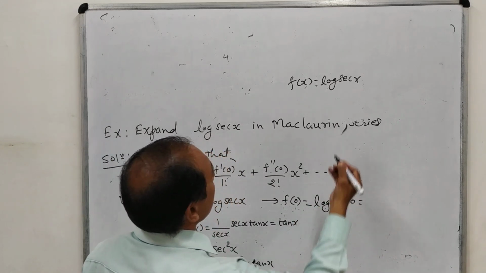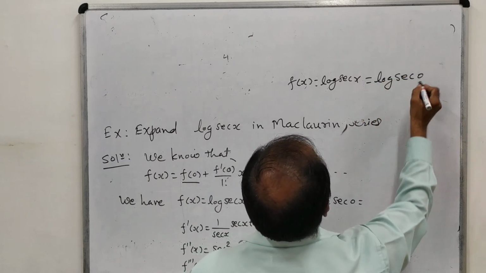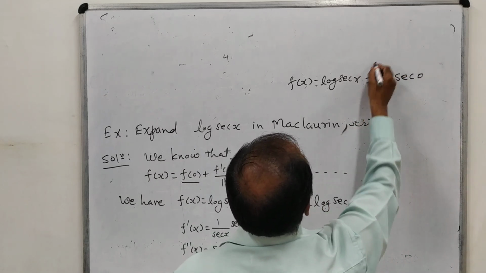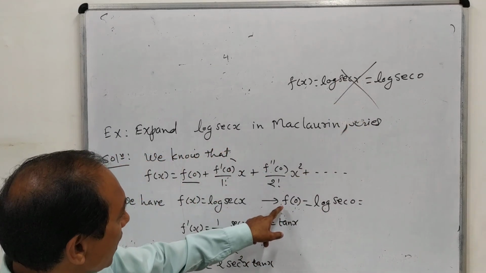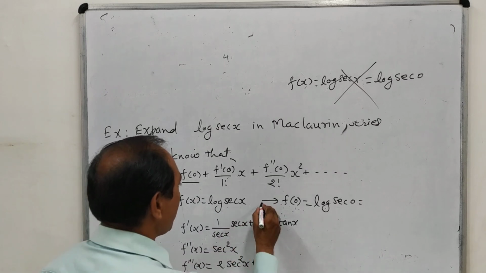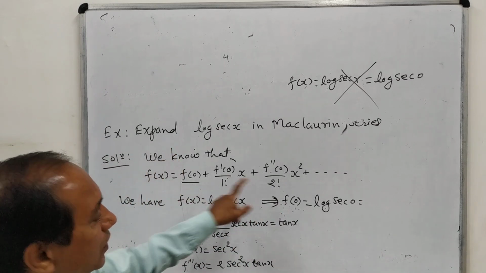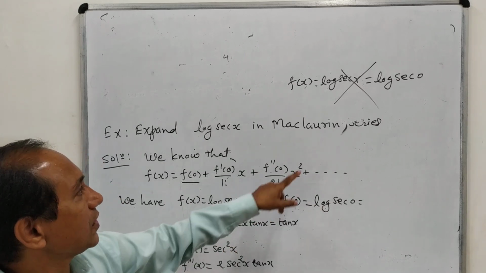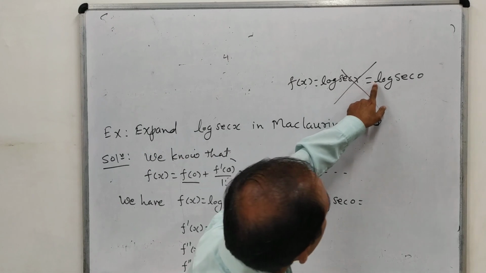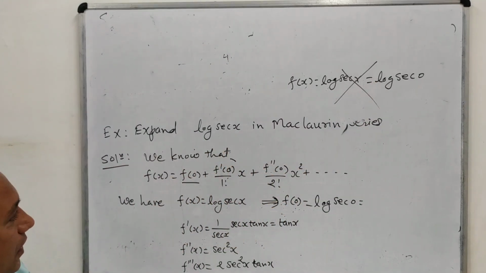Some students directly write log of sec 0 here, which is meaningless, not equal to. Then we have to write an arrow or implies. We are putting x equal to 0 here, so this is the next step, not a continuing step. If you write this in continuous form, it is meaningless.